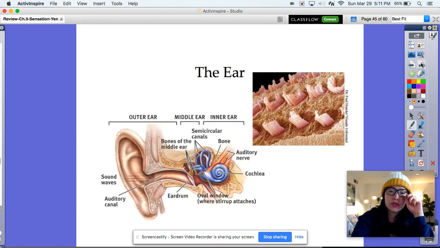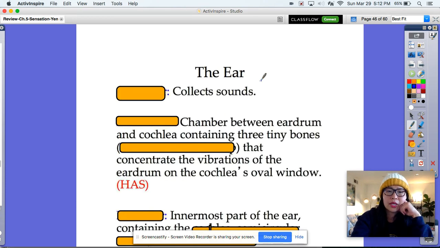Okay, then you have the structures of your ear. Again, we have outer, middle, and inner ear. Your outer ear is going to collect sounds.